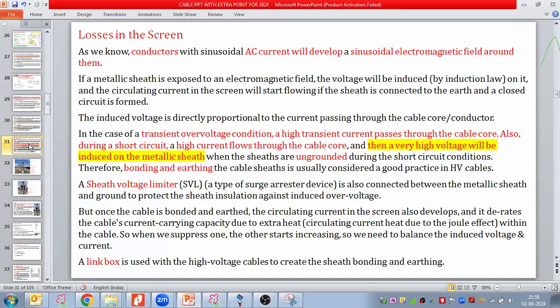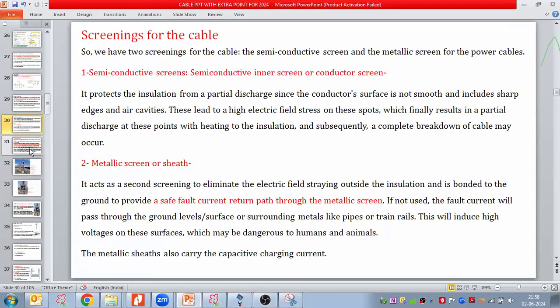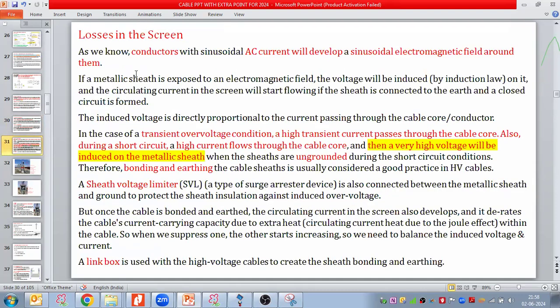So I'm discussing the screening, the insulation screening. In that, I'm discussing the metal sheath. Am I clear about why we take the metal sheath? Then we discussed the induced voltage on the metal sheath, circulating current on the metal sheath.